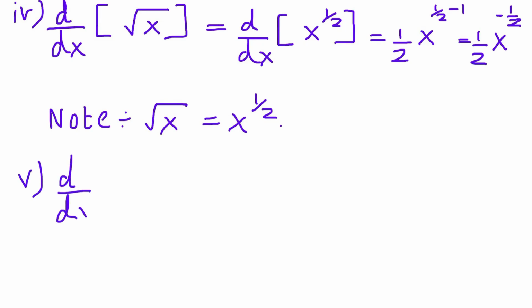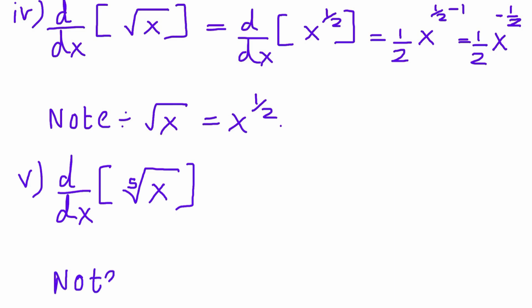So let's move on to the next example, which is the fifth example. So I'm going to compute the derivative of the fifth root of x with respect to x. So we use the following notation to represent the fifth root of x. Now let's write down this notation. The nth root of x we can write as x to the power 1 over n.